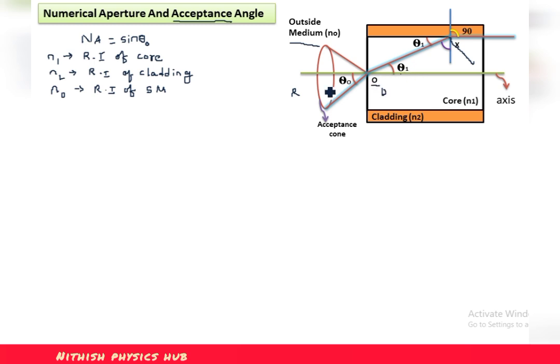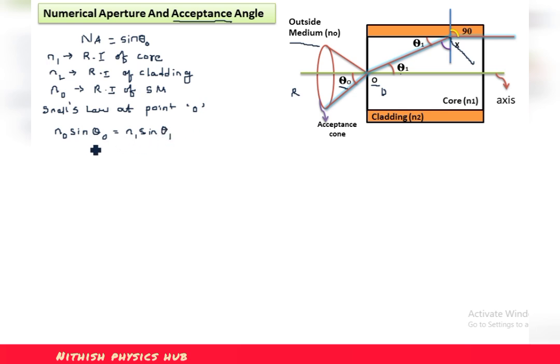If I apply Snell's law at the point O, then Snell's law can be written as: the refractive index of the outside medium n0 times sine of the angle of incidence, which here is theta naught because the light is moving from the outside medium, is equal to the refractive index of the core medium n1 times sine of the angle of refraction, which is theta 1 at the point O.